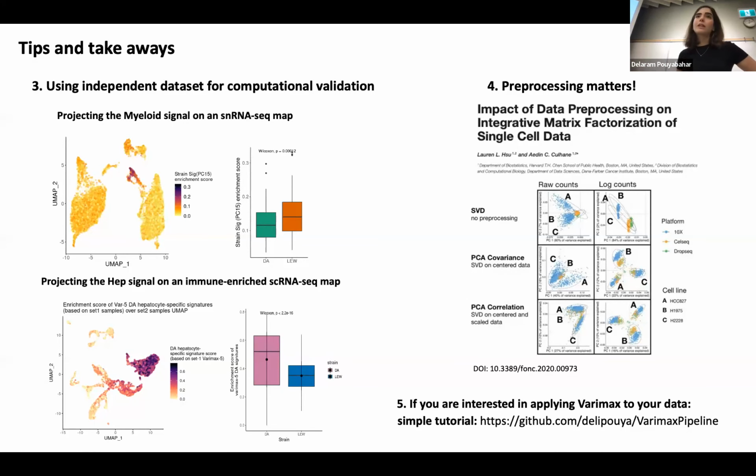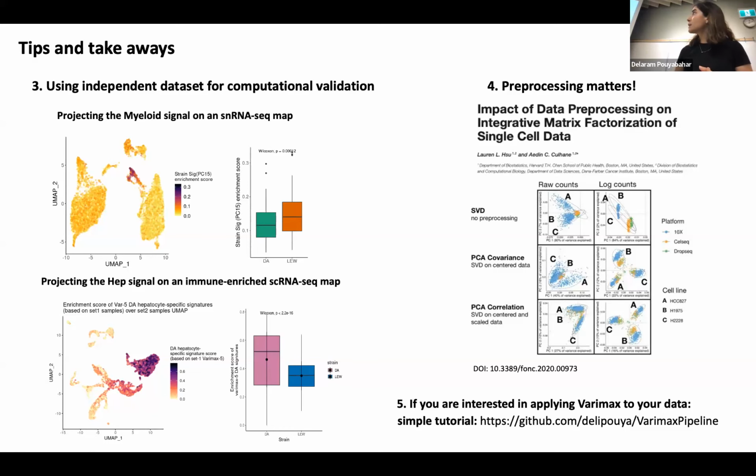For example, in this study, we have an immune enriched rat liver map and also a nuc-seq based rat liver map, and you could perform that enrichment in individual cells and then look at whether the pattern is similar in this new map compared to what you identified in your original data.